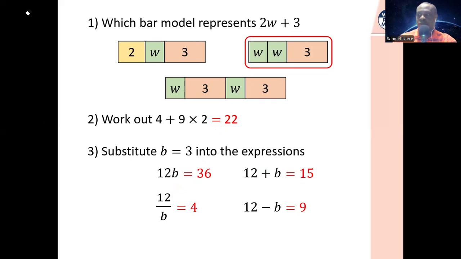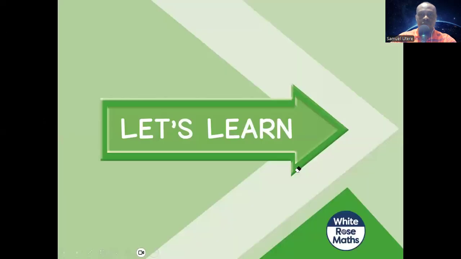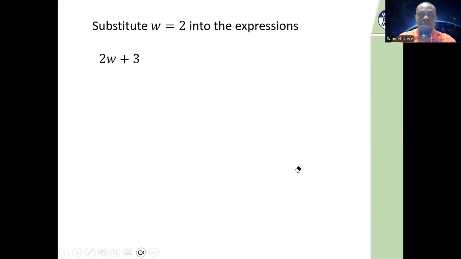Okay, let's move on. Now, if I give you this expression, 2w plus 3, to substitute 2 into, well, you must remember that if we were to represent this as a bar model, it would look like this.